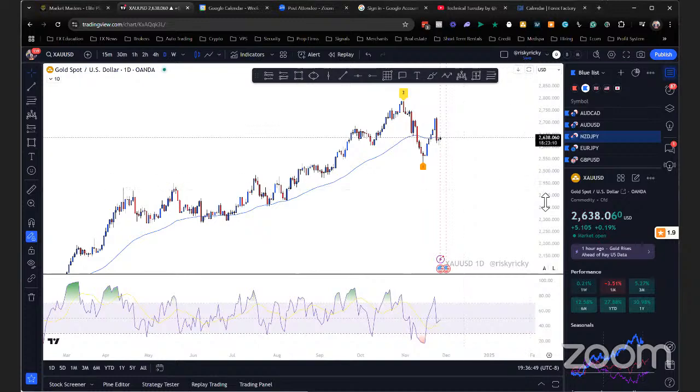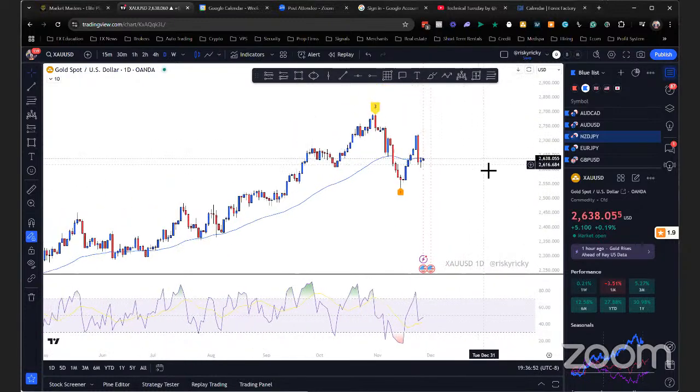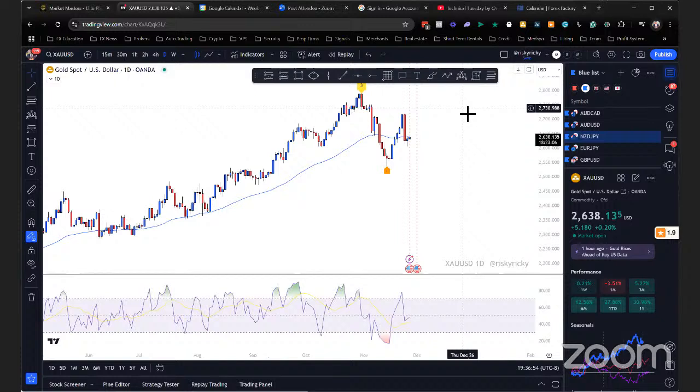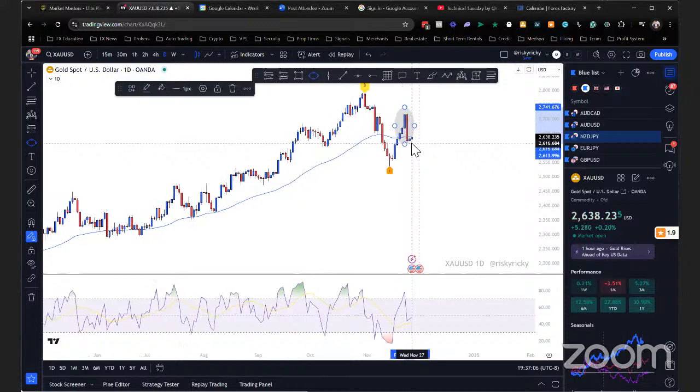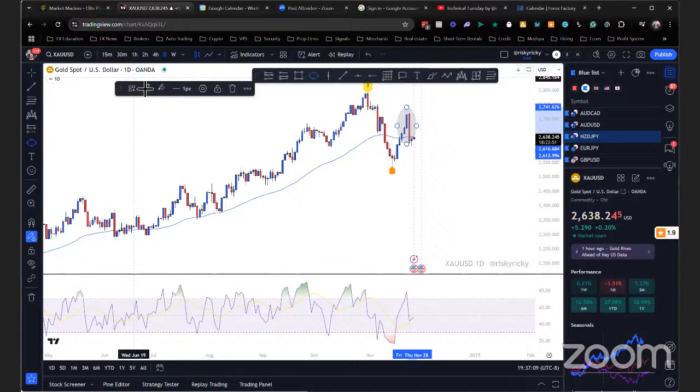So on the daily, we have a head and shoulders pattern going on. Ooh, very strong bearish engulfing. Bearish engulfing right here on the right shoulder. Okay.